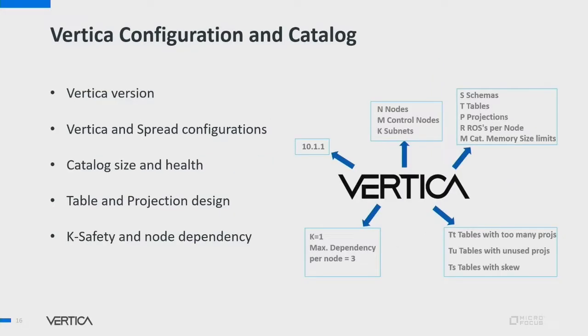The next group is the configuration settings, which I've also included with the schema and projection design categories. In this group, we'll find cards or checks that provide information about configuration settings of the Vertica database. The Vertica database has many knobs and settings that can be changed to accommodate your workload.